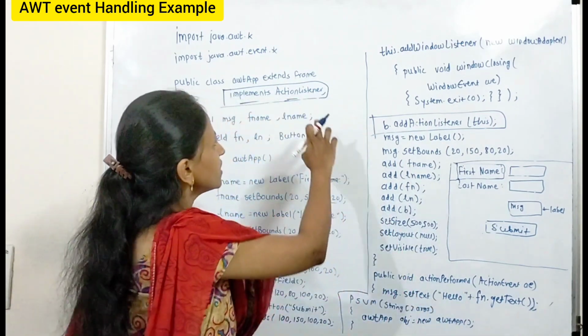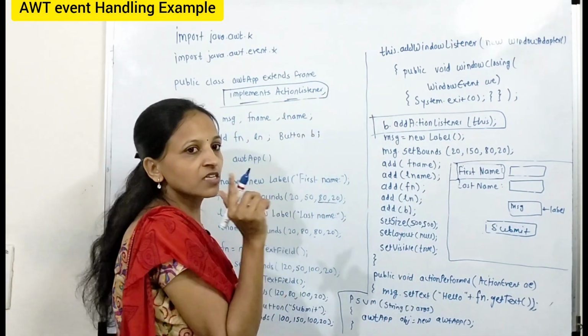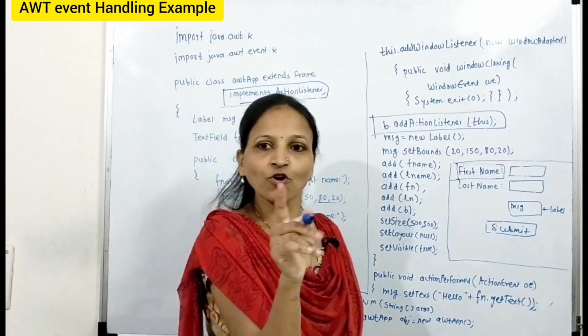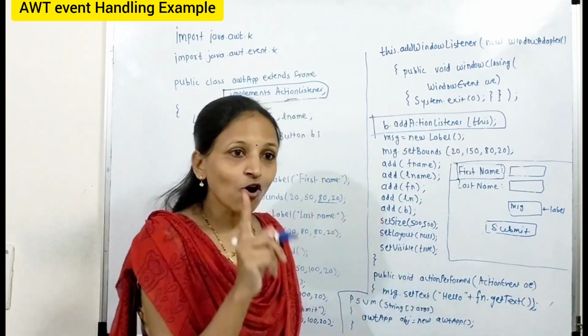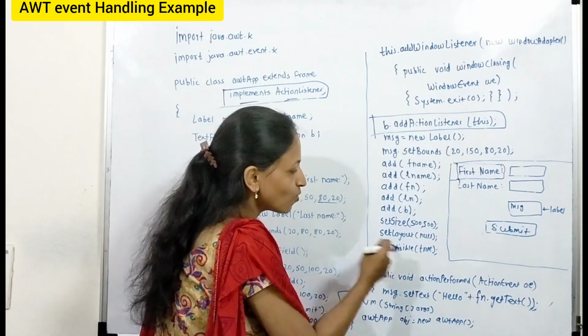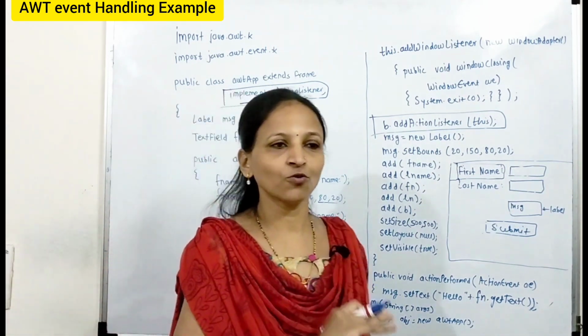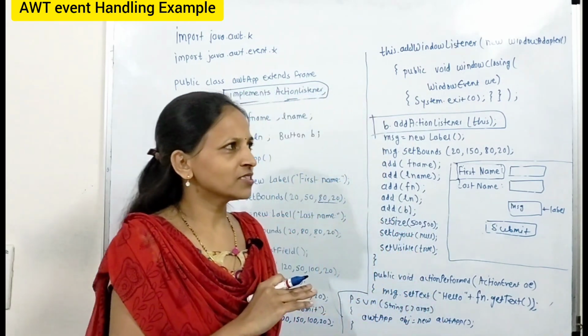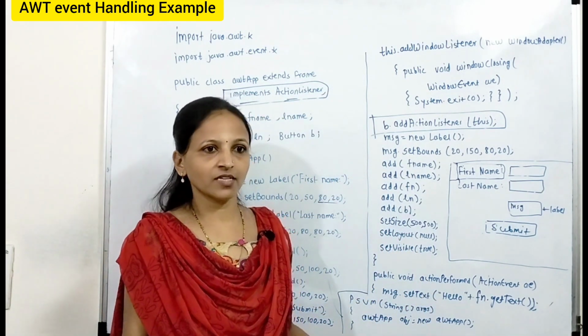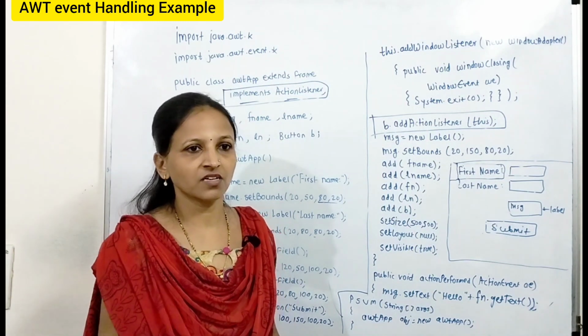But suppose I have written here implements window listener. There are multiple methods for that window listener. There is a compulsion that you have to write code for all those methods, like window closing, window opening, window closed, opened. There are multiple methods again. I am not discussing all the methods here.